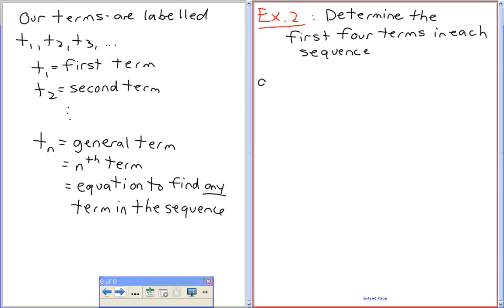Okay, so letter A is going to say Tn equals 3n minus 1. So that is what we consider to be a general term, 3n minus 1. Okay, that's the equation that I'm giving you.